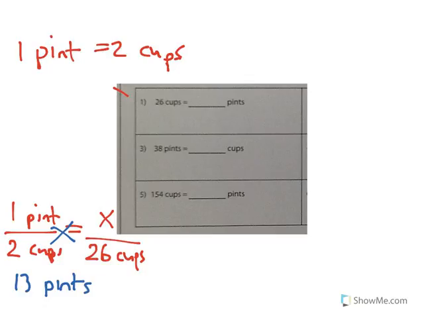Same thing if you're doing pints to cups. Do it the exact same way. It still is 1 pint is equal to 2 cups. And then we are looking for the amount of cups, but we know we have 38 pints.